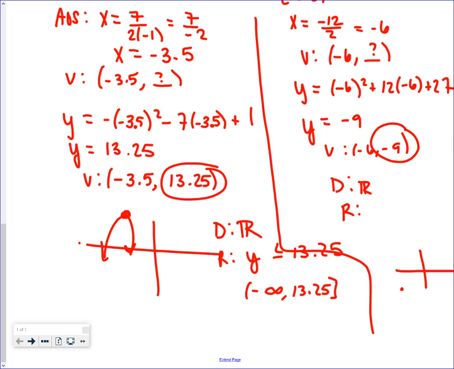We said -6, -9-ish, and we said open up, right? So if this is at -6, -9, my graph starts at -9, and is it above or below the graph? It's going to be above, right? So if I write that the way we write it now, greater than or equal to -9 would be -9, comma, infinity, like that.